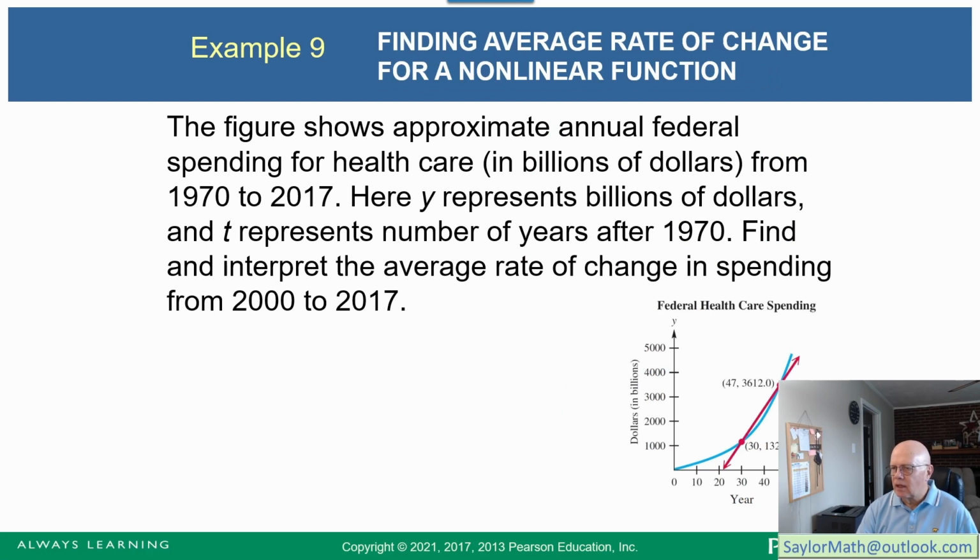Here's one that says finding the average rate of change for a nonlinear function. In other words, we've got 2 points here. It's not a straight line, like it usually is not in the real world. But we can find the average going from this point to this point.